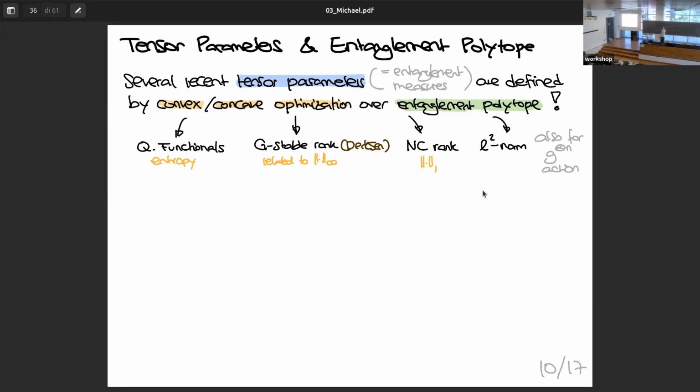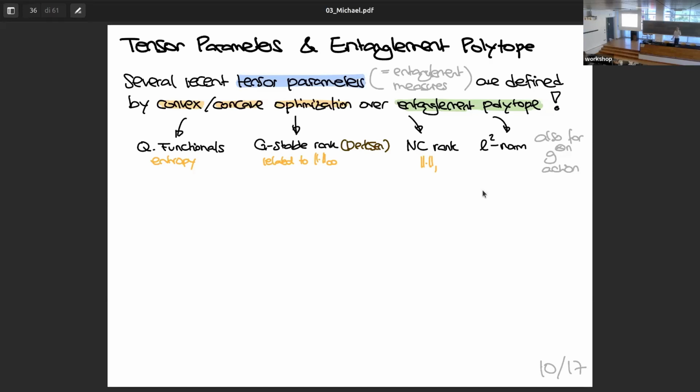Then Harm has introduced the so-called G-stable rank in a more general setting. In the complex case, you can reduce it. I'm being vague here, I don't write down a precise formula, but it's related in some sense to the largest eigenvalue instead of the entropy of these components. There's an object called the non-commutative rank, which one can relate in another way.